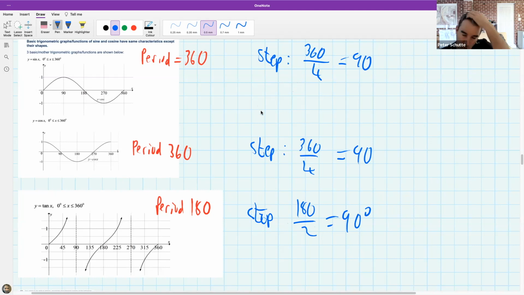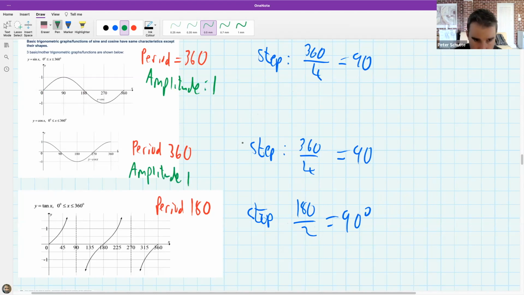This is going to be quite useful to bear in mind as we draw these graphs. The other thing is that the basic sine graph and cos graph all have amplitudes of 1. It only goes 1 above and 1 below the position of rest. And the same with this.